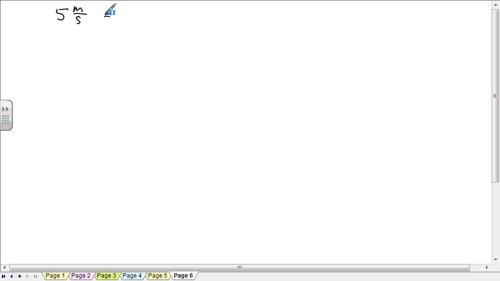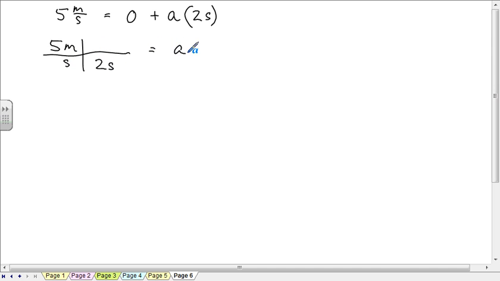Five meters per second is equal to 0 plus a times 2 seconds. So divide both sides by 2 seconds. 5 meters per second divided by 2 seconds is equal to a. And 5 divided by 2, that's 2.5 meters per second squared.